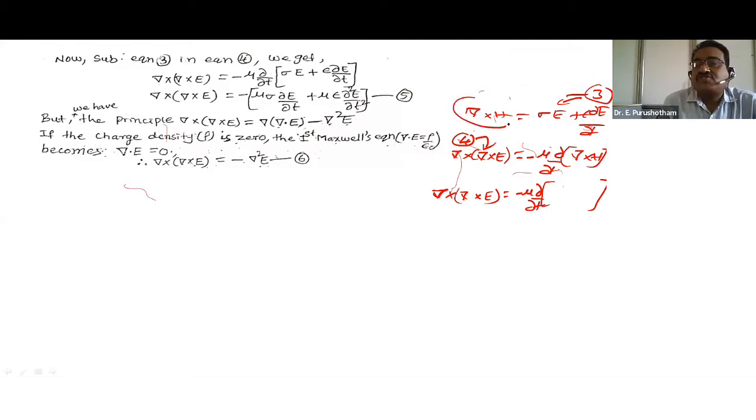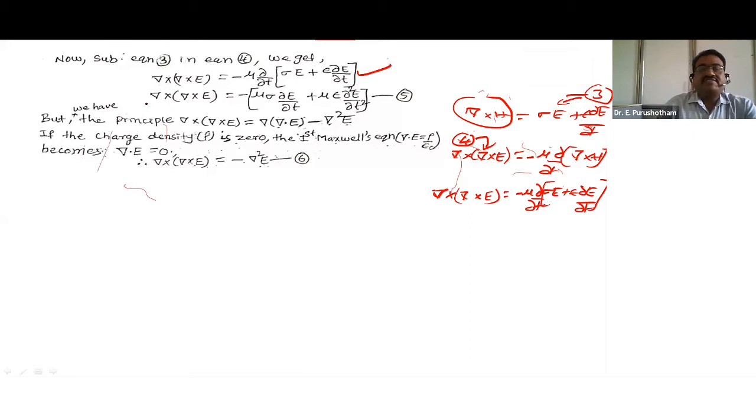What is the curl of H value? Sigma E plus epsilon dou E by dou t. So curl of E is equal to minus mu dou by dou t into sigma E plus epsilon dou E by dou t.